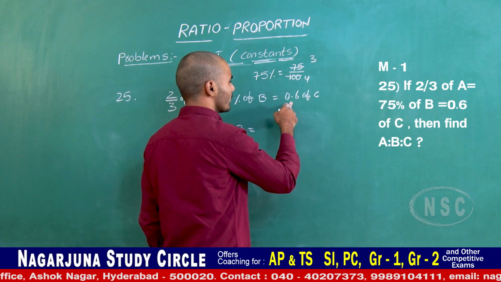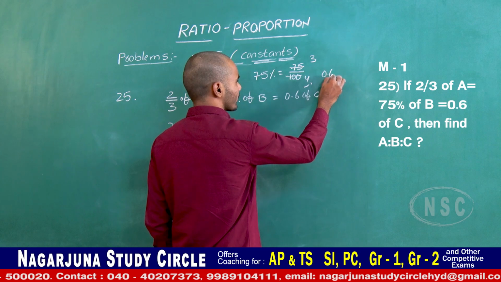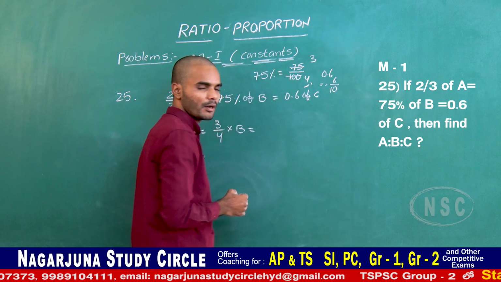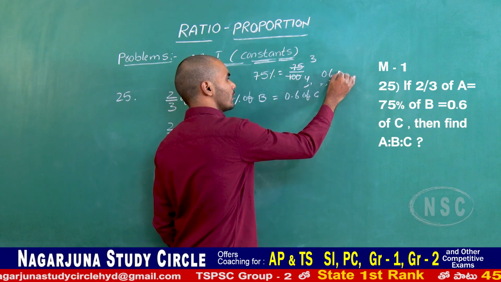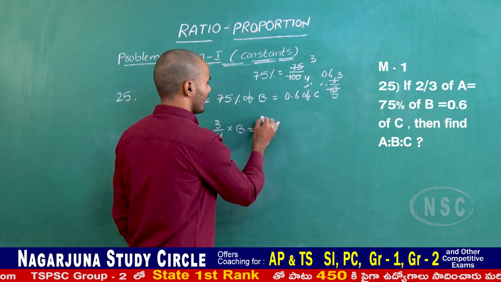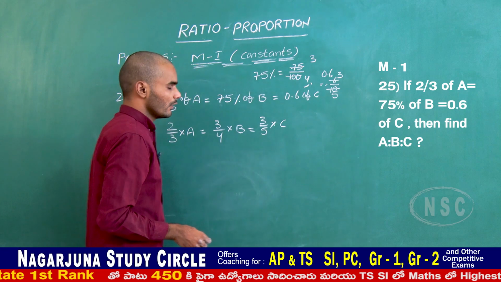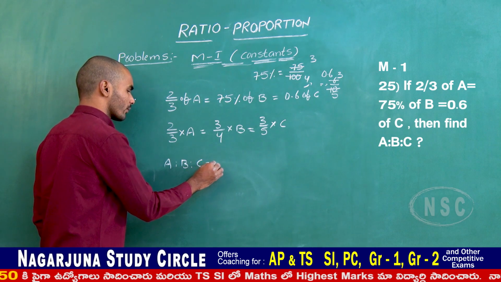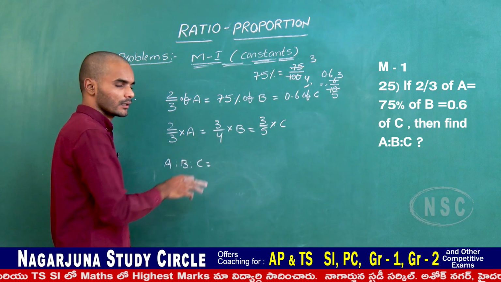Just eliminate the decimal of 0.6. It means 6 by 10, the point is replaced by a 1 and 0 in the denominator. So 6 by 10 means 2 3s are 6, 2 5s are 10. It gives 3 by 5 of C, multiplied by C. We want the ratio of A is to B is to C. Already we know how to calculate A, B, C in an equation.